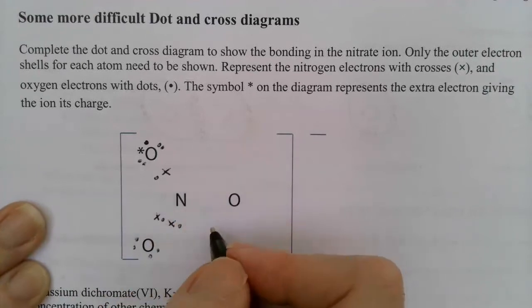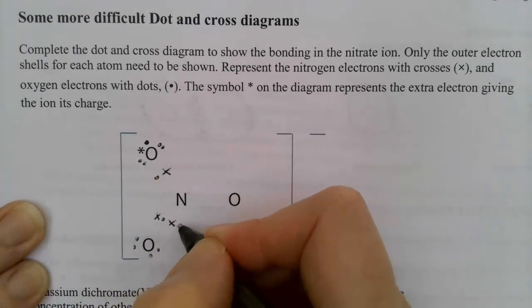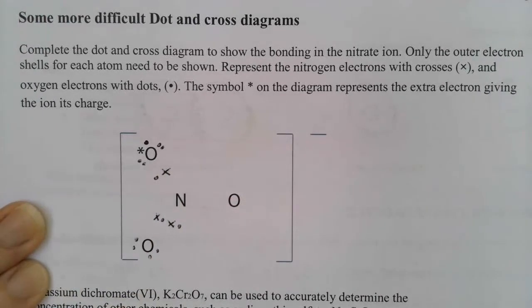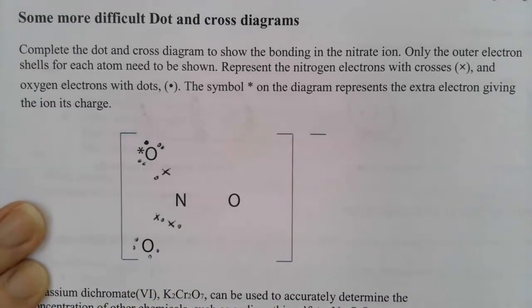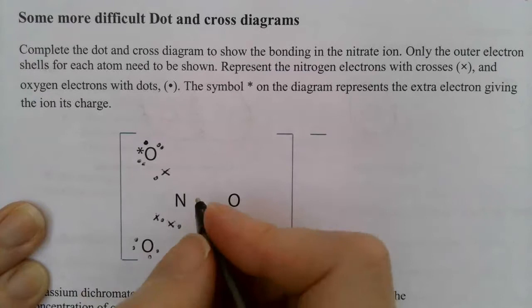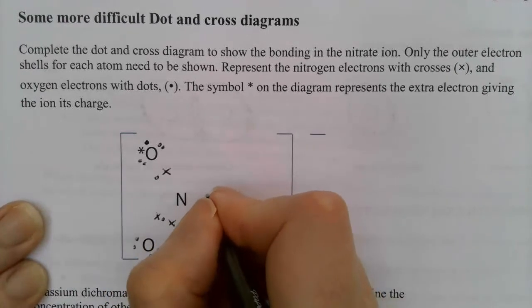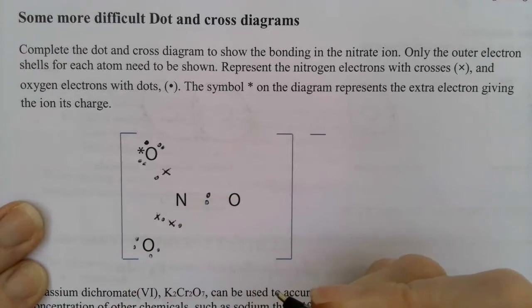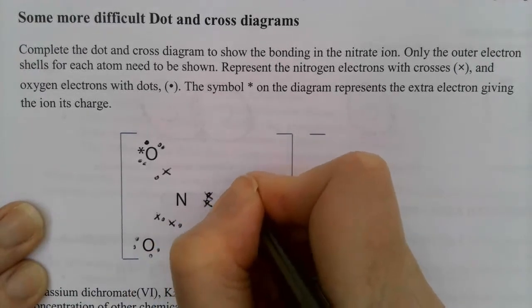Now the last one is a little bit tricky. I've now got 1, 2, 3, 4, 5, 6 electrons in nitrogen's outer shell. If I was to make another double bond here, that would push it over the limit of 8. So I can't do another double bond to this oxygen. But I do have 2 electrons left on nitrogen, so I can use both of them to form a dative covalent bond, sorry, that should be crosses, with the oxygen.